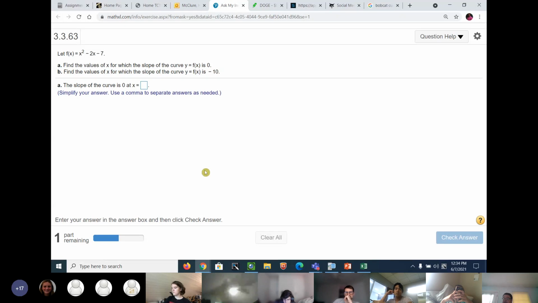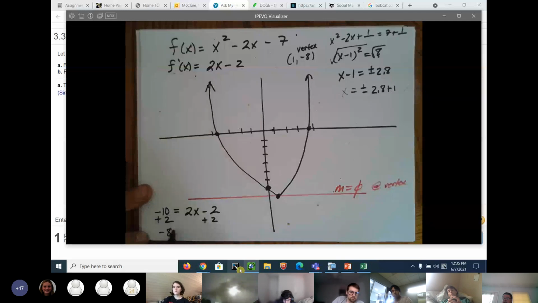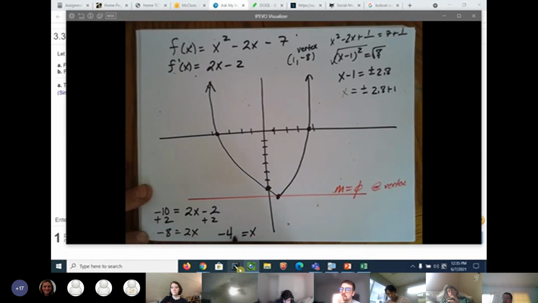Negative what? Negative 10 is equal to 2x minus 2. Plus 2, plus 2. Negative 8 is equal to 2x. X is equal to what? Negative what? 4.